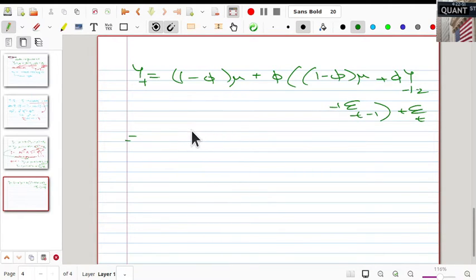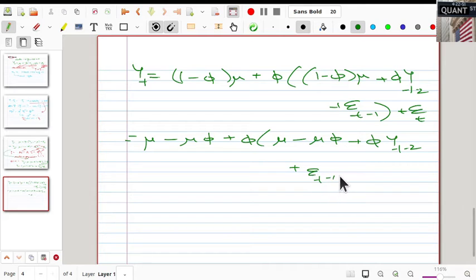which basically equals mu minus mu phi plus phi times (mu minus mu phi) plus phi square yt minus 2 plus phi epsilon t minus 1 plus epsilon t, which equals mu minus mu phi plus mu phi.